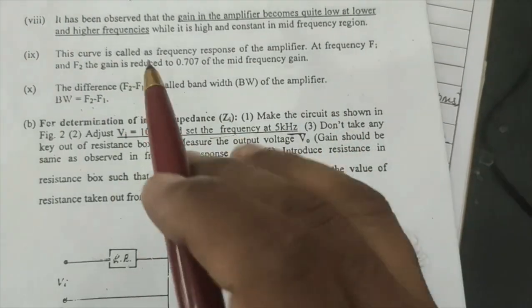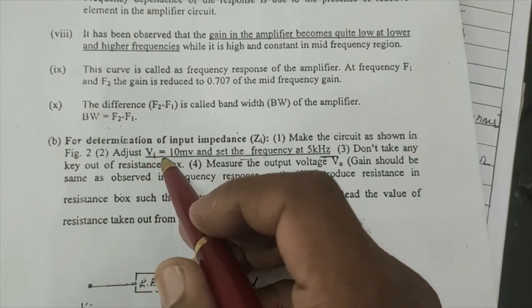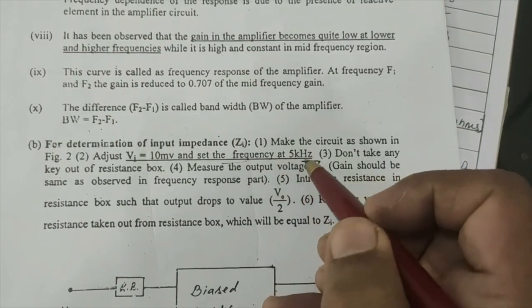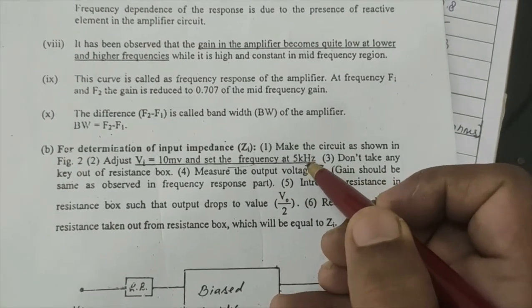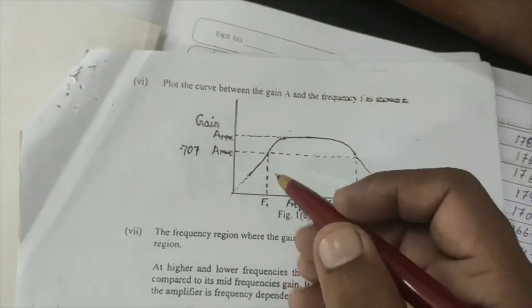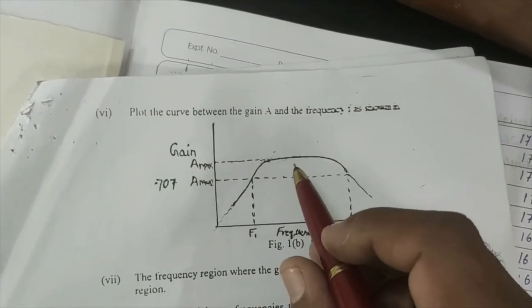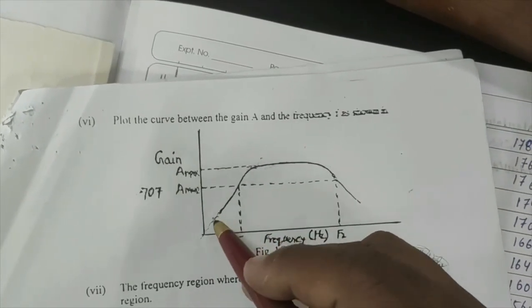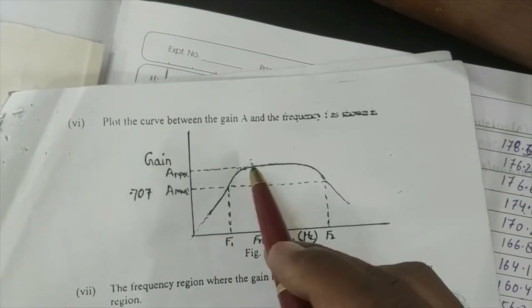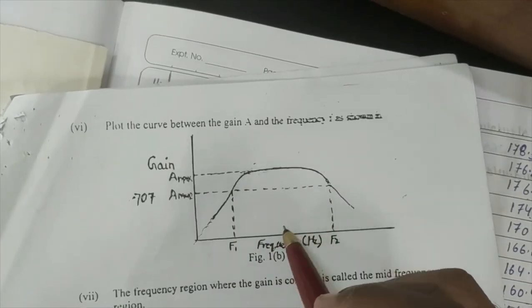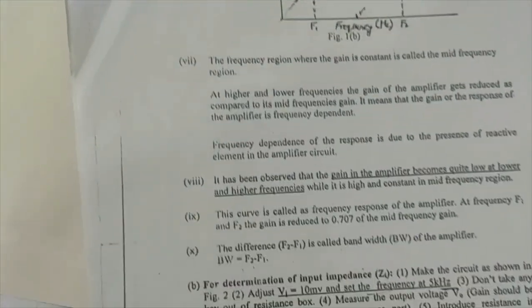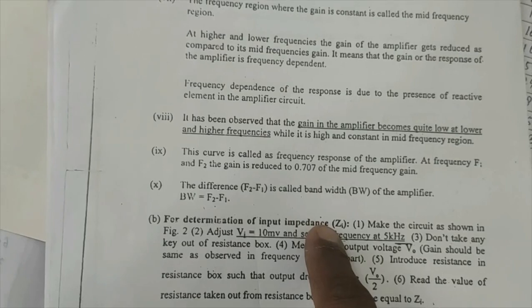The circuit is already there, and we have to adjust the input voltage to 10 millivolt as we have done earlier, and set the frequency at 5 kilohertz. Why 5 kilohertz? The frequency you have to choose is the mid frequency. Whatever you plot for the frequency and the gain from the first observation, you then choose the mid frequency range, and whatever frequency in the mid range comes, I have to fix that to find out the input impedance or the output impedance.